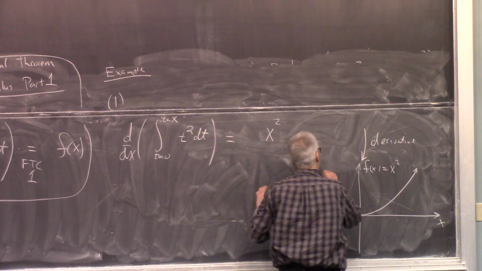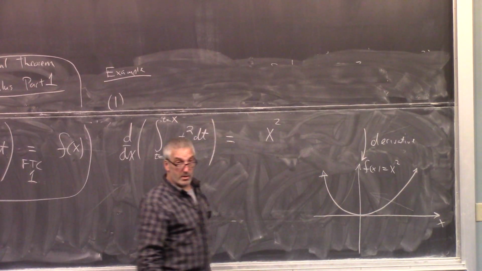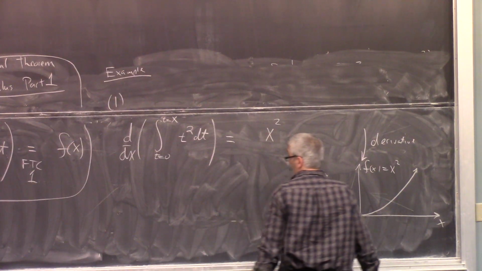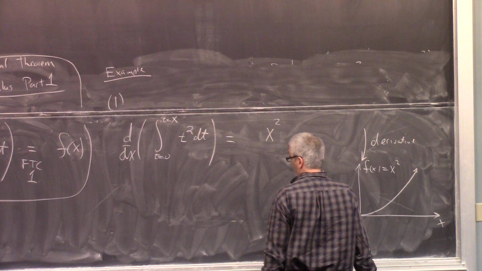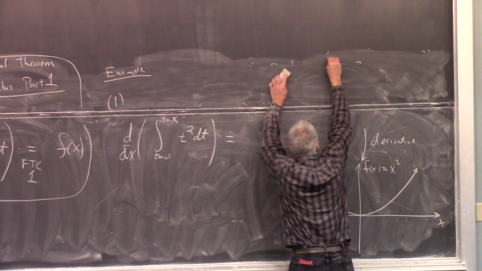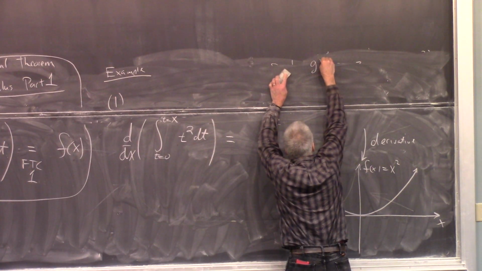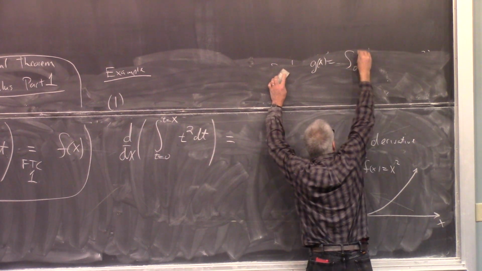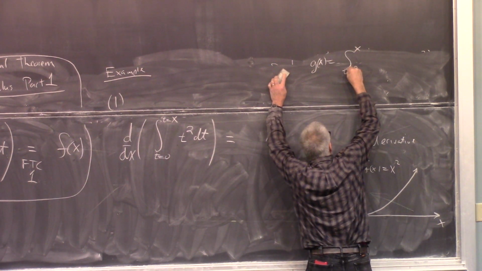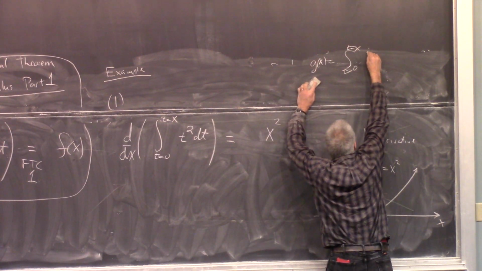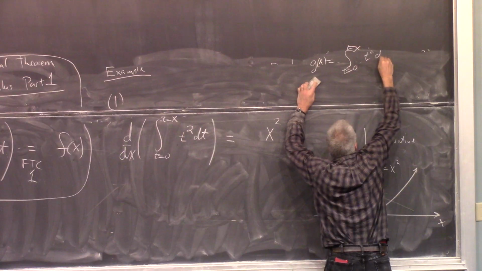So here's a graph of f of x. It's a parabola. And we've just figured out that an antiderivative of this is this thing, g of x, which is this integral from 0 to x, so t equals 0 to t equals x of t squared dt.